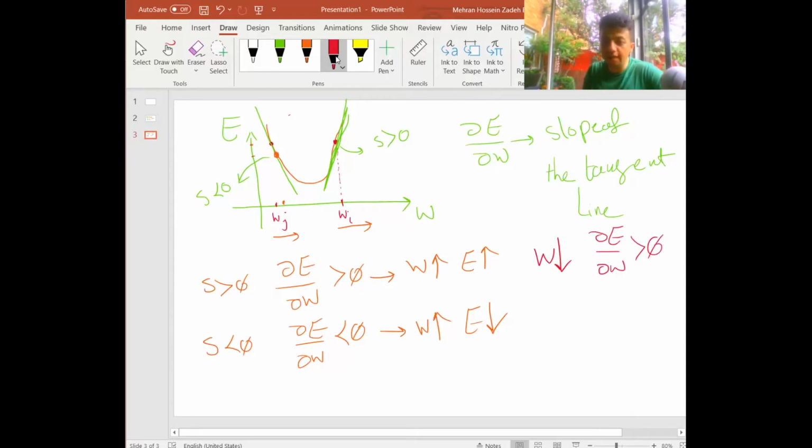And in the second case, I have to increase my w so that my error will go down. And that is the case where the derivative of the error with respect to w is actually negative. So what can you understand from this? This means one and only one thing.